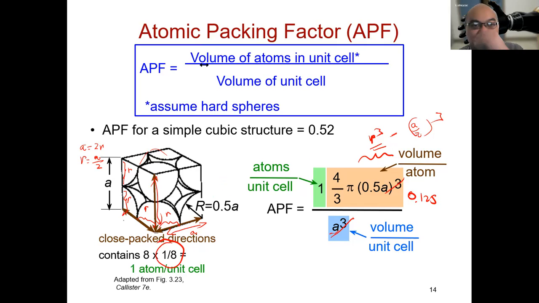We obtain 0.5236, more or less. So this is the approximate atomic packing factor for a simple cubic structure.